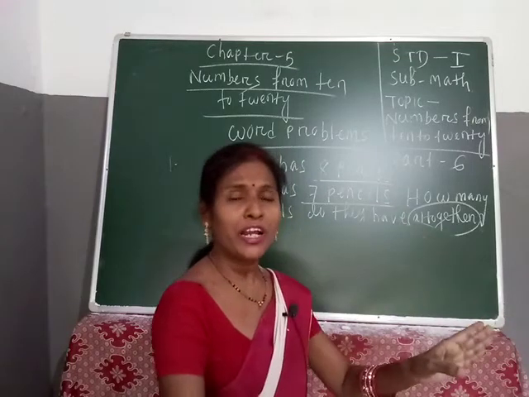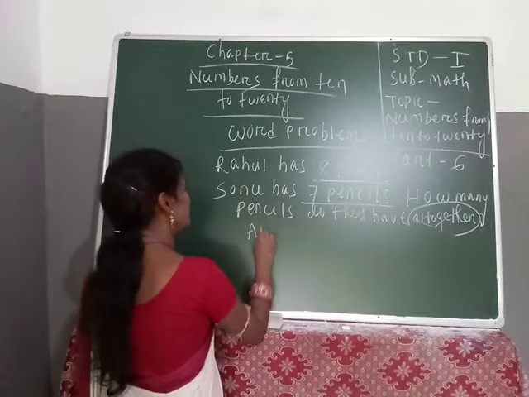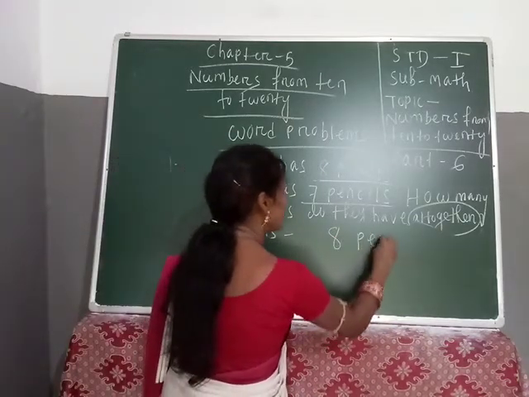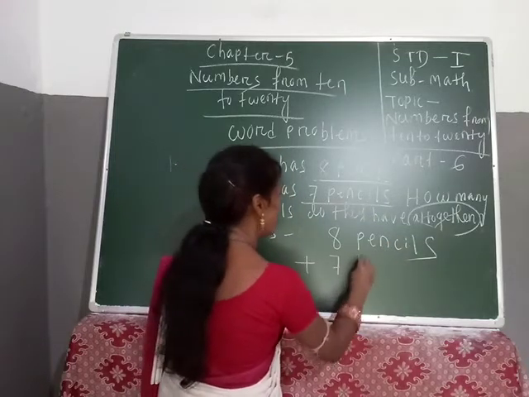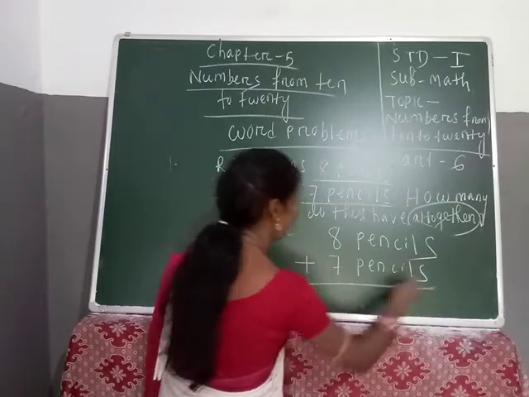When you put the underline, then you can easily do the answer. So now we will do the answer, students. That is your 8 pencils plus 7 pencils. Then we will find the total now.